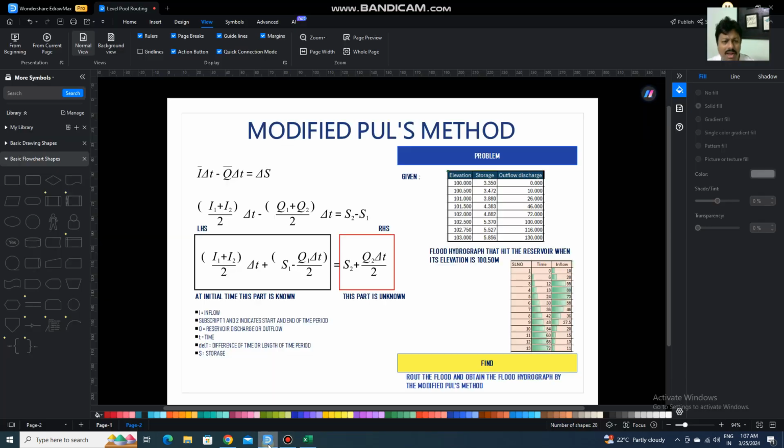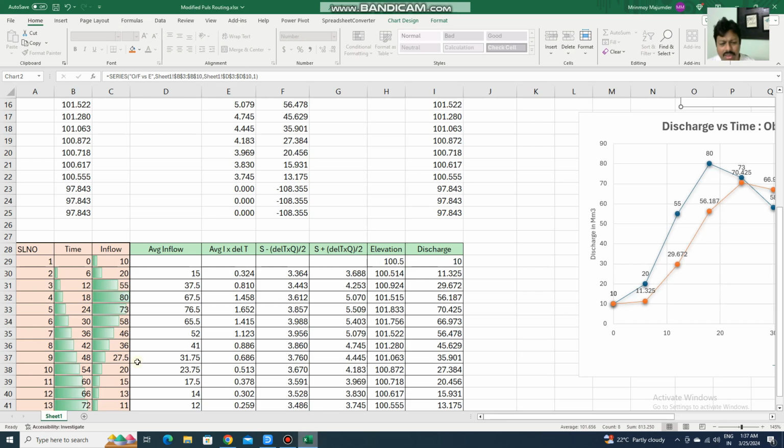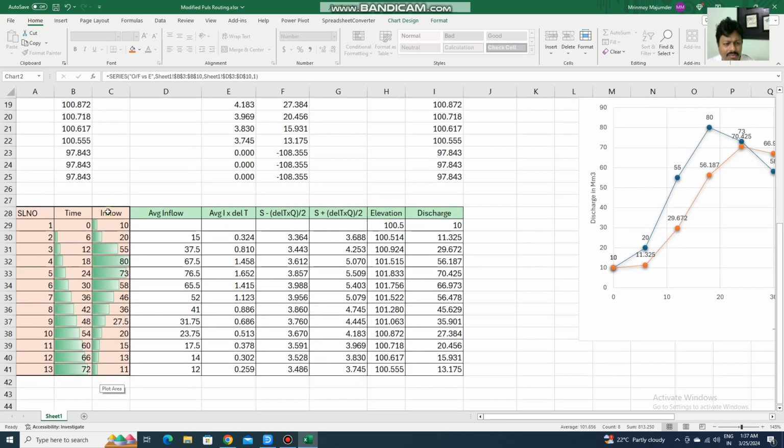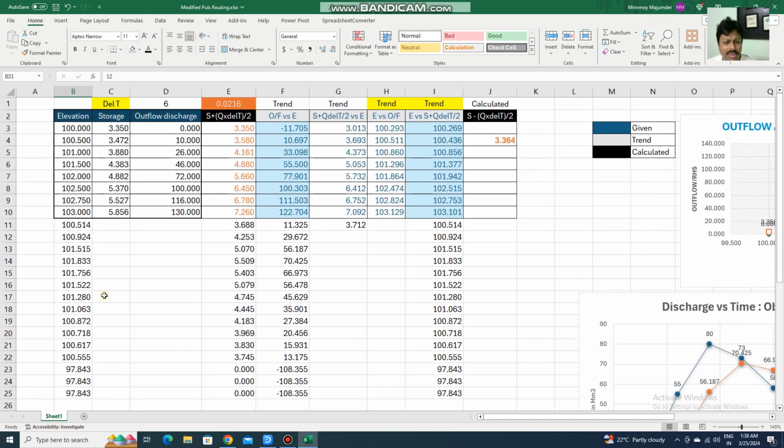I1 plus I2 by 2. Okay, it is very easy. Into del T. Del T is the time difference. For this flood hydrograph, inflow hydrograph, the time difference is 6. 0 is the initial time, 6 is the final time. 6 is the initial time, 12 is the final time, and so on. So the time difference is 6 hours.